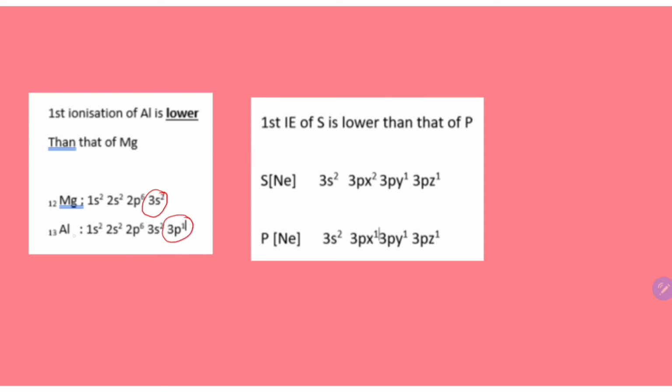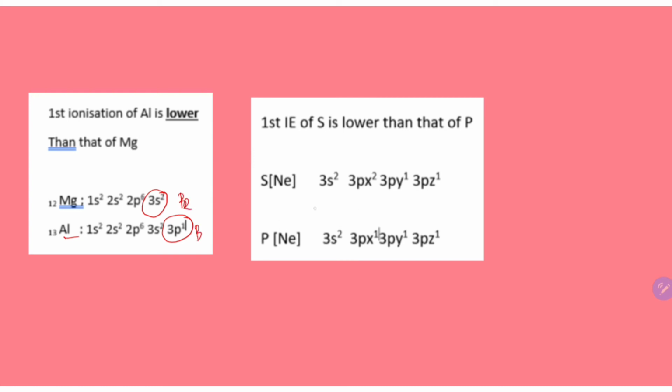So for aluminum, the electron is slightly further from the nucleus.